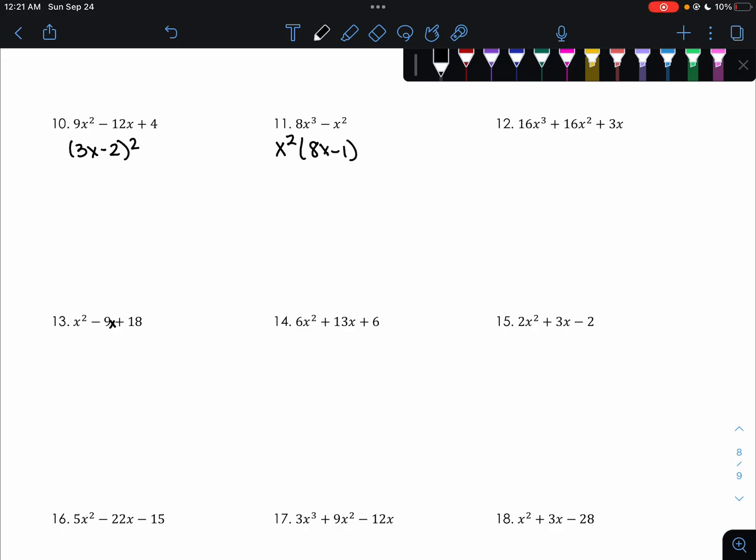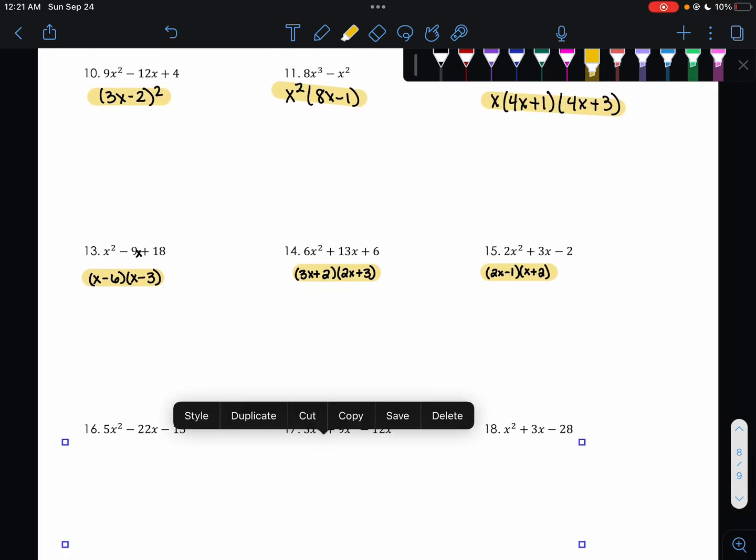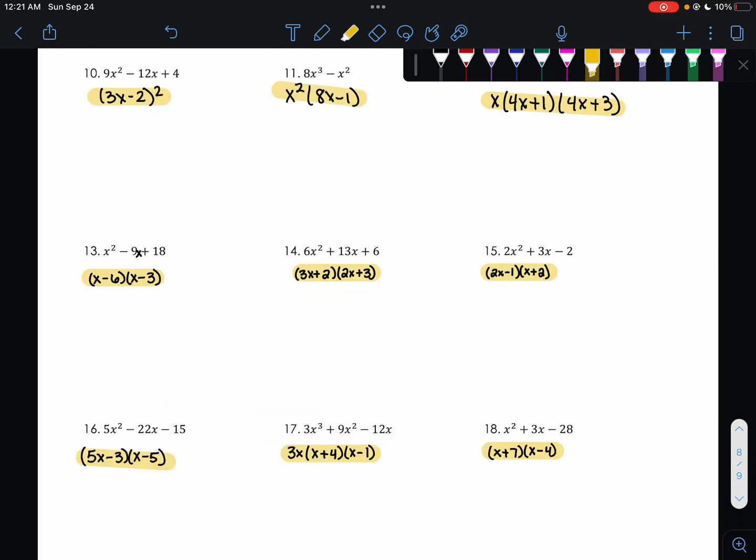That way you can get some help. So there is 10, 11, and 12. And then I have 13, 14, and 15, and 16, 17, and 18.